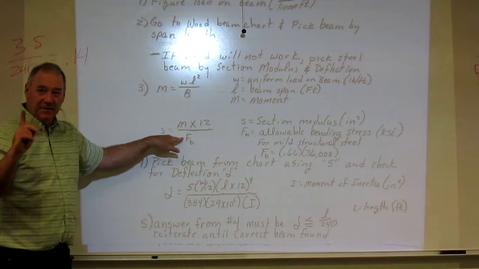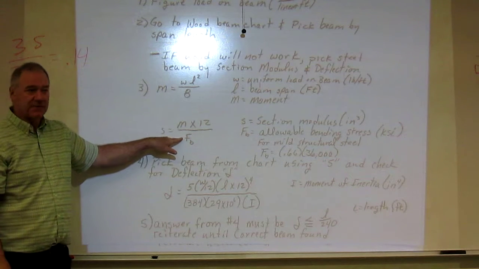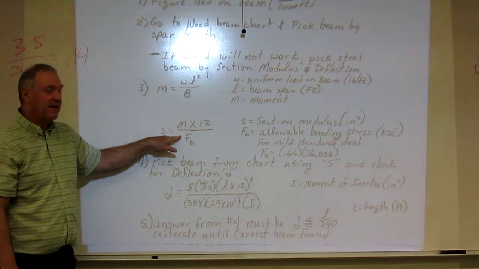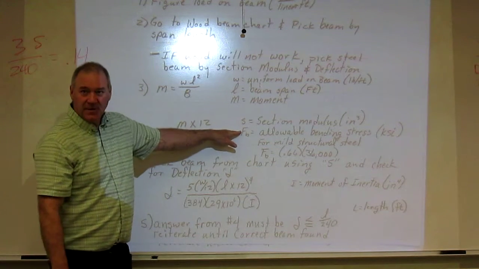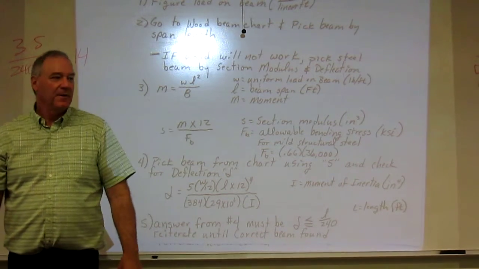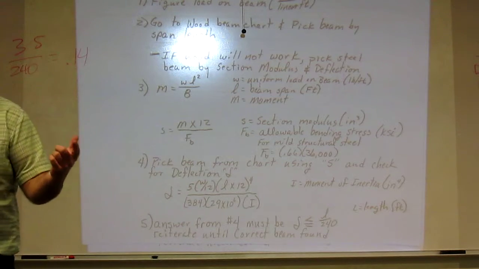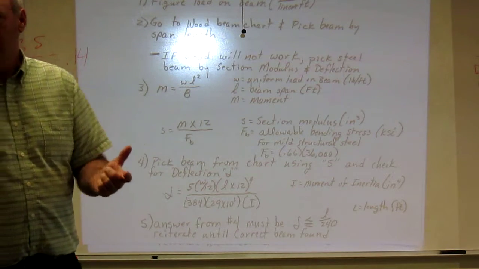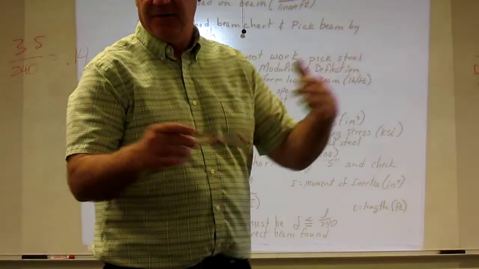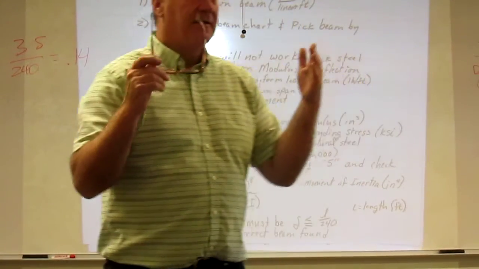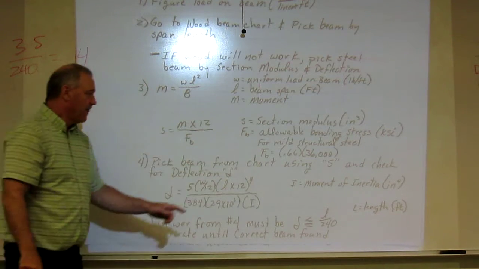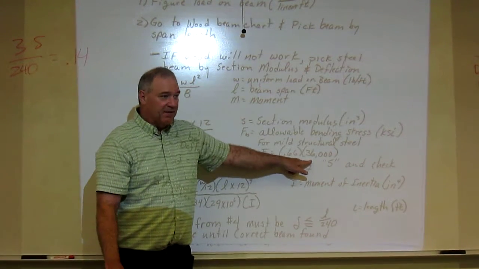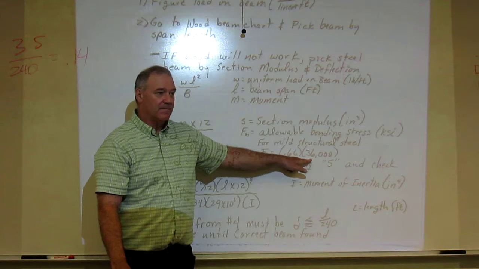Okay, now here's where a huge fudge factor comes in for structural, and why beams will probably never fail under normal conditions. Notice F sub B. You had to look this up as one of your questions for review, you were looking at glulams versus Doug fir, right? And you saw the difference in the two? Well, F sub B, the bending stress of steel, is going to be 36 or 60,000 PSI.